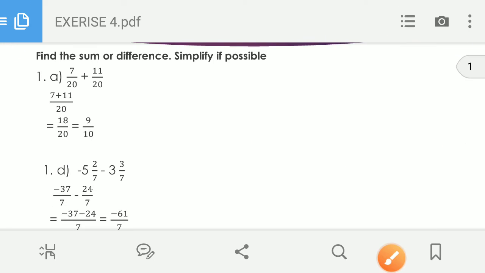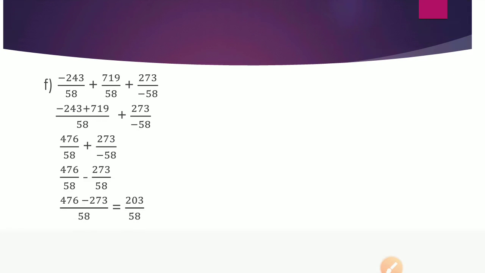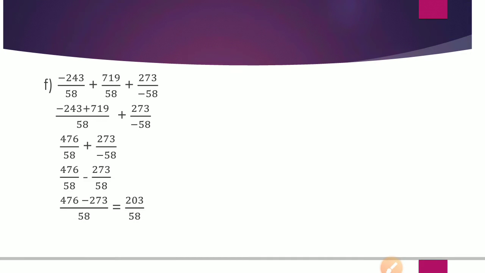Our next question is minus 243 by 58 plus 719 by 58 plus 273 by 58. Here also the denominators are same.